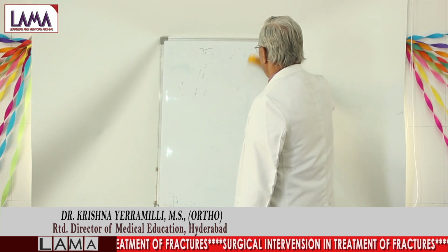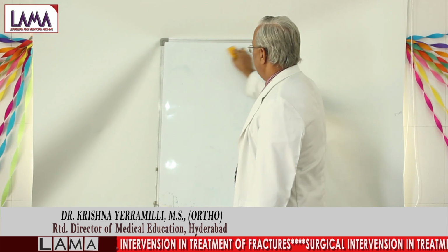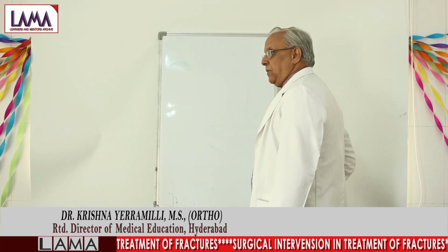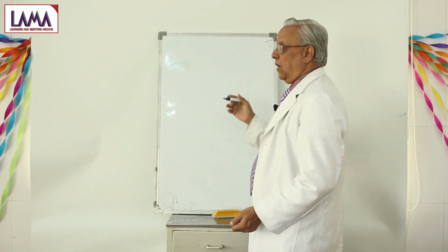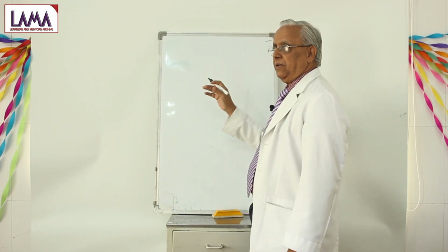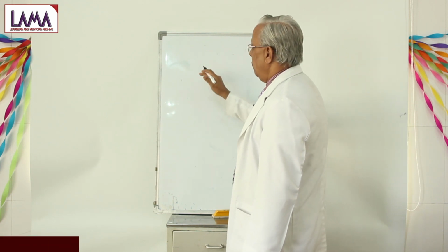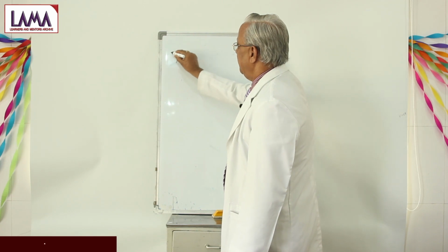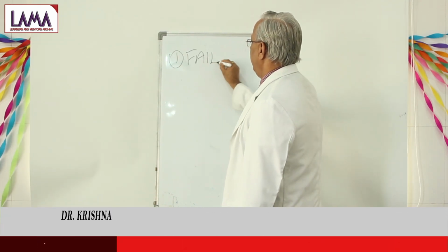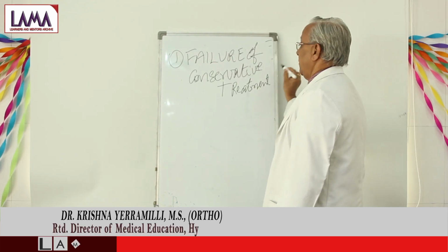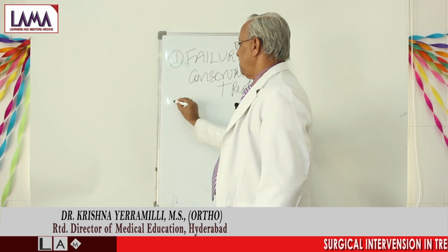As already mentioned, sometimes we may not be able to keep the fragments in position, or even if you keep the fragments in position, they are likely to be re-displaced. So, the first thing is failure of conservative management. Second, fractures involving the joint.